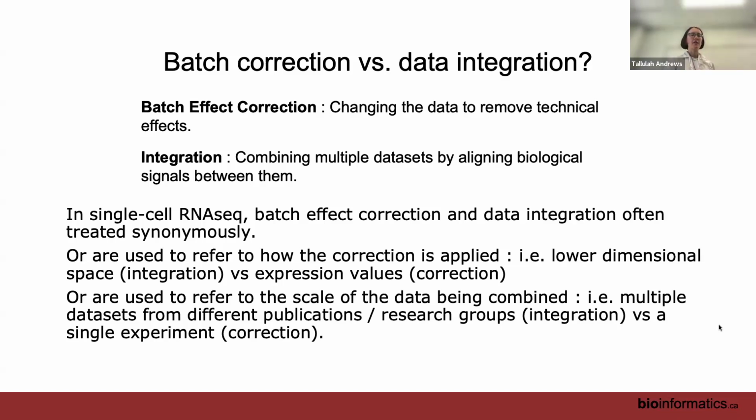For instance, combining multiple data sets from different publications and research groups can be called data integration, whereas within a single experiment, you might call it batch effect correction. It's very irritating that scientists don't use their terms rigorously, but that's how it is. People use terms how they like. So whenever you're reading a paper and they're saying they're doing one versus the other, always check exactly what it is they're doing, because they could be doing various different things and calling it the same thing.